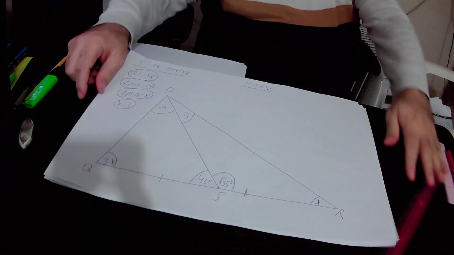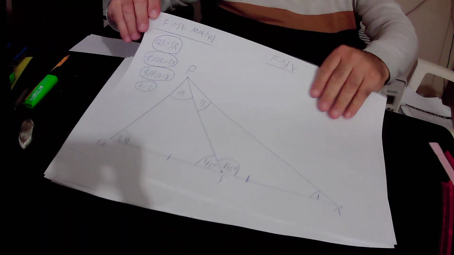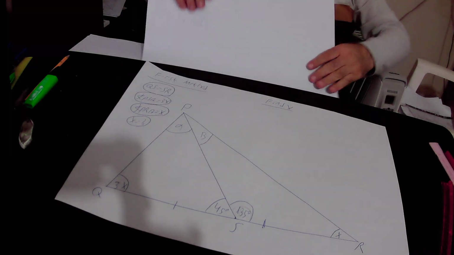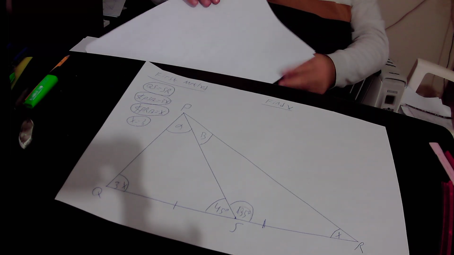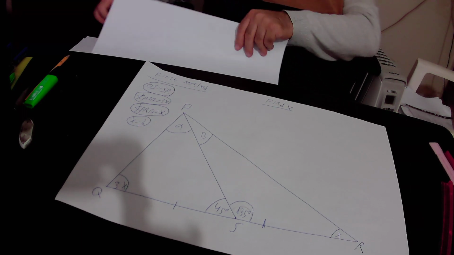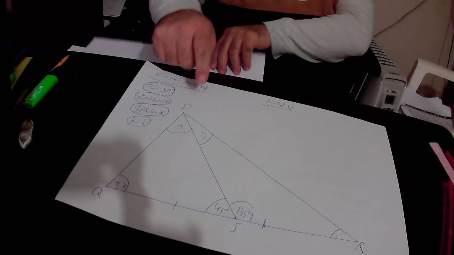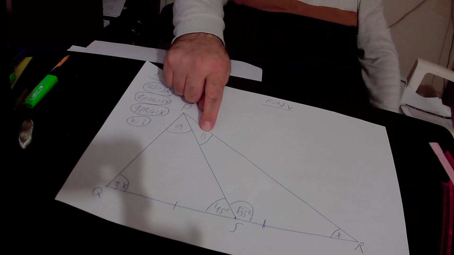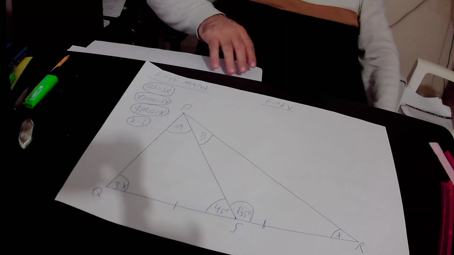In the first method, we define this angle as alpha, this angle as beta, and this angle as y.